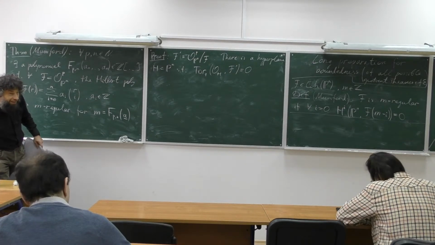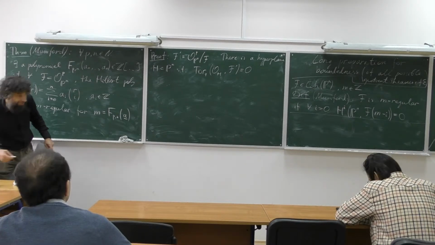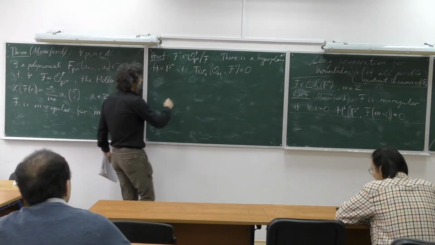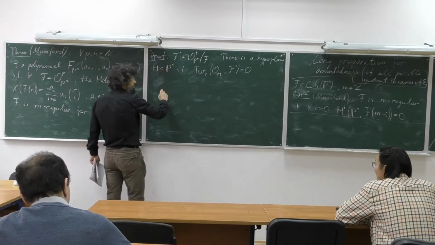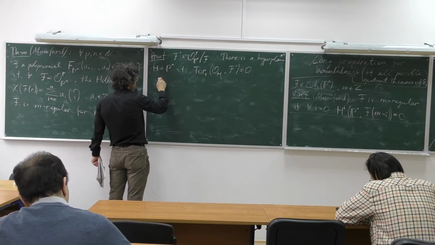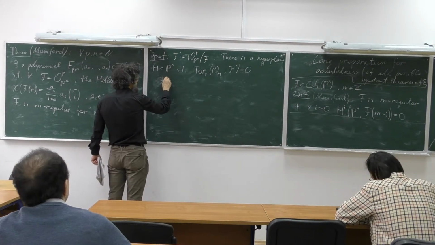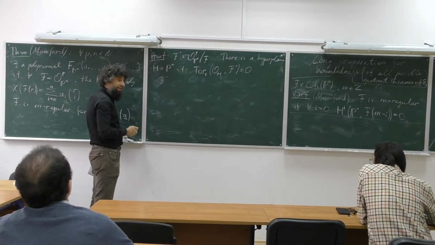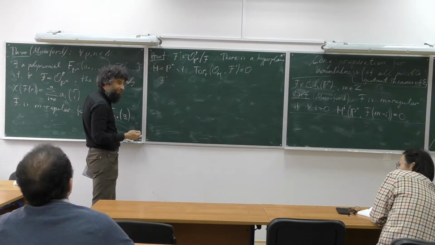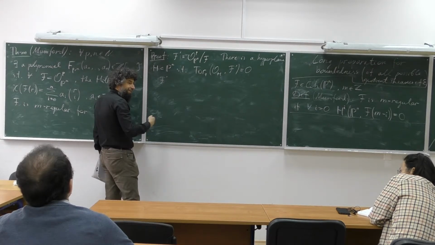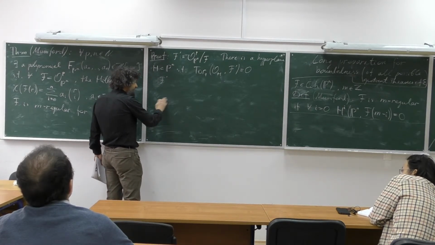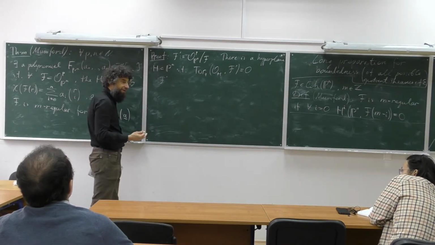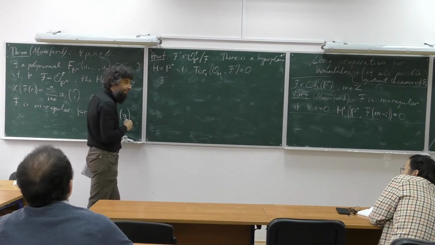Let me comment quickly about this. F prime might have some torsion, but this torsion may be of various sorts, and it has the worst possible torsion supported at points.